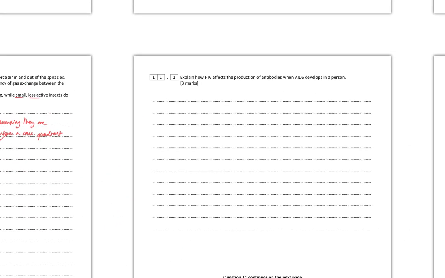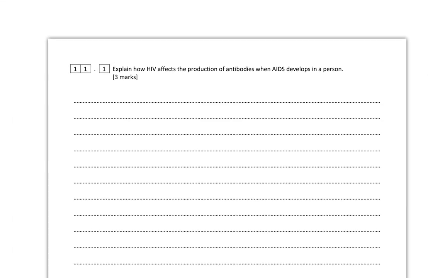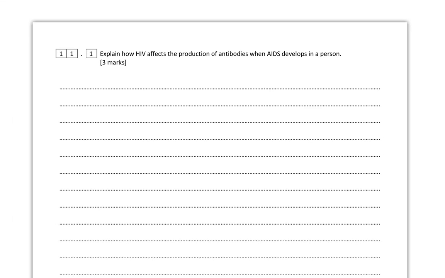And then we're getting there. 10.1. Explain how HIV affects the production of antibodies when AIDS develops in a person. HIV kills T helper cells, therefore there's less cytokines released to activate B cells.